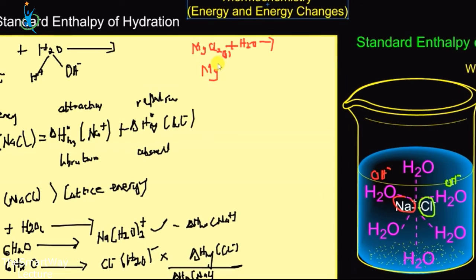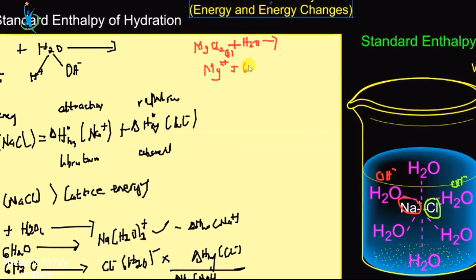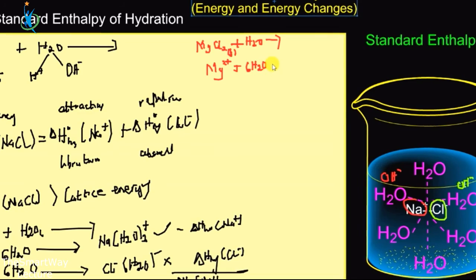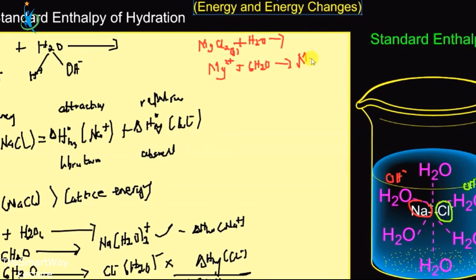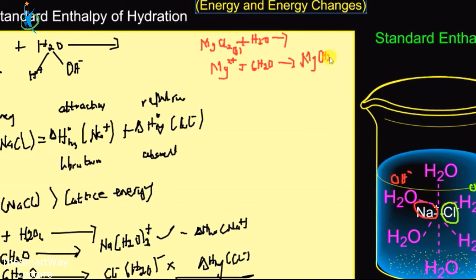The ion of that, which is Mg2+, is surrounded by the 6 water molecules, and that will form what we call the hydrated magnesium ion.